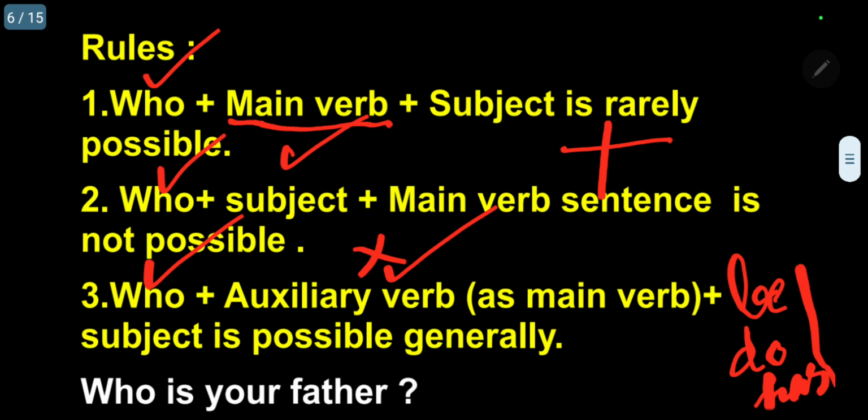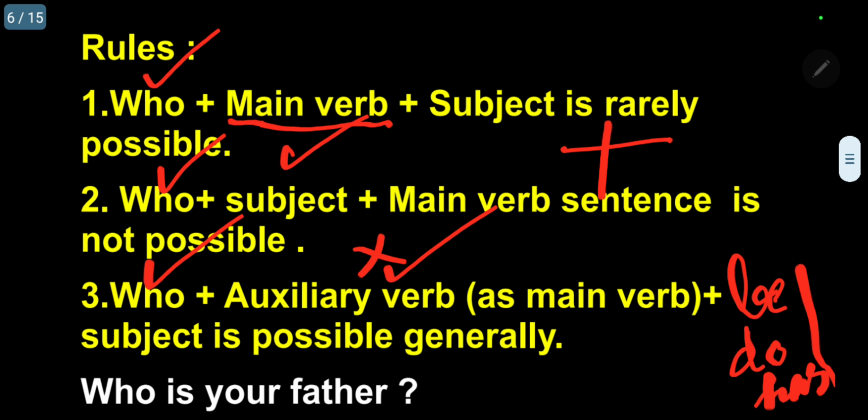And the fourth one, I can give will, shall, can, may. These are all the fourth type. And then will, would, shall, should, can, could, may, might. This is the fifth type.